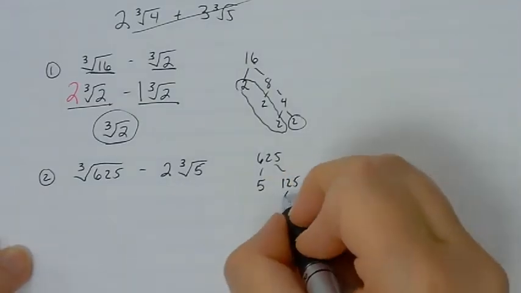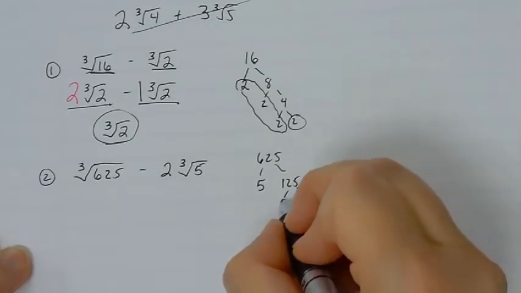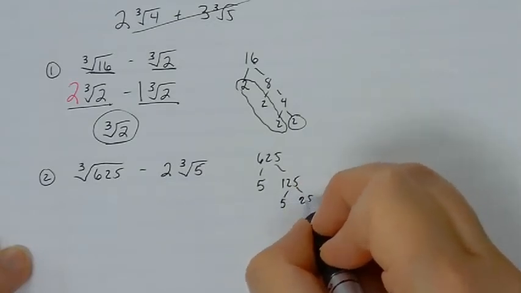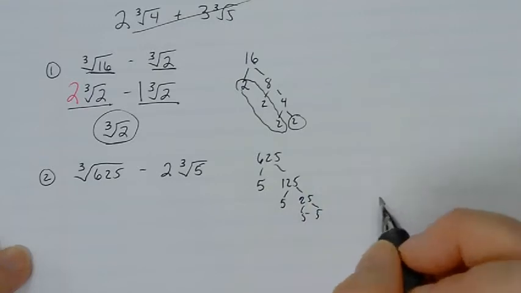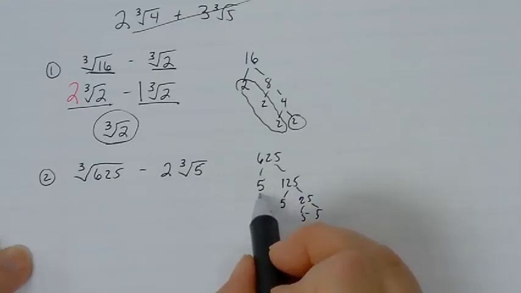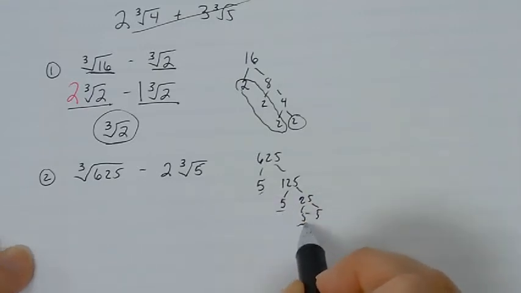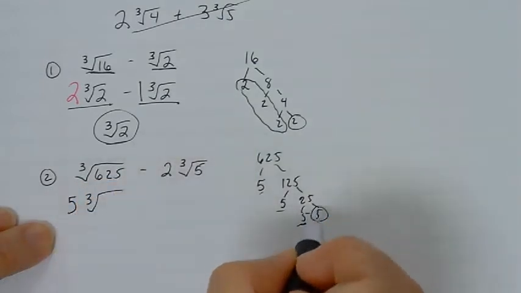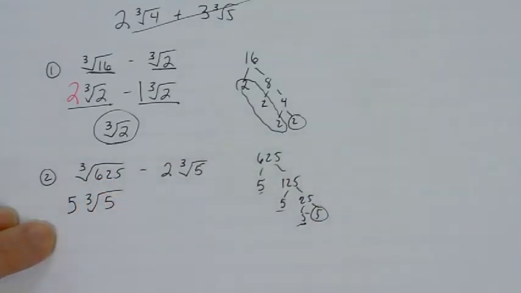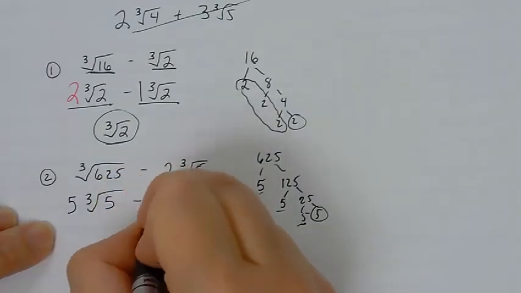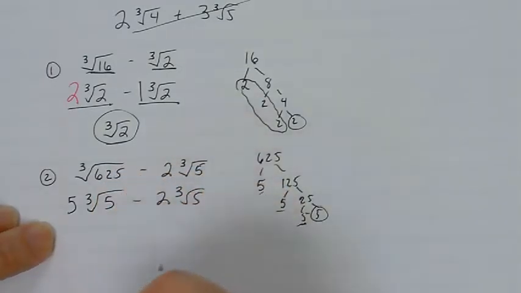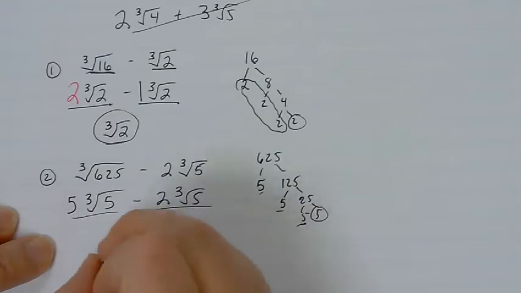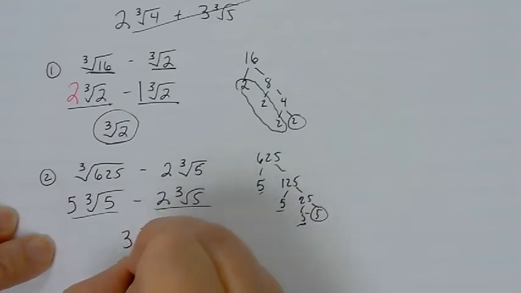And 125, I've done this one several times, it goes to 5 times 25, which is 5 times 5. So this has 1, 2, 3 5s, so that'll put a 5 on the outside and leave a 5 left on the inside. And some of these we're going to get memorized. Minus 2 cube root of 5. So I have 5 cube root of 5, subtract 2 cube root of 5, which is 3 cube root of 5.